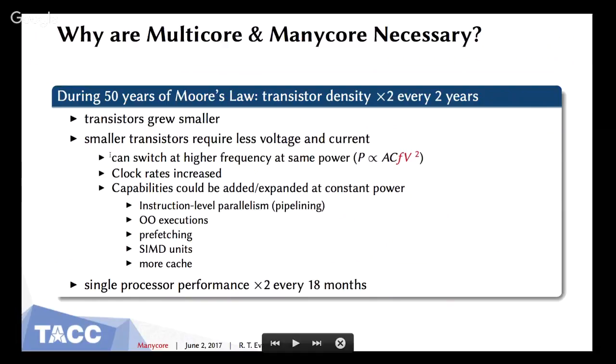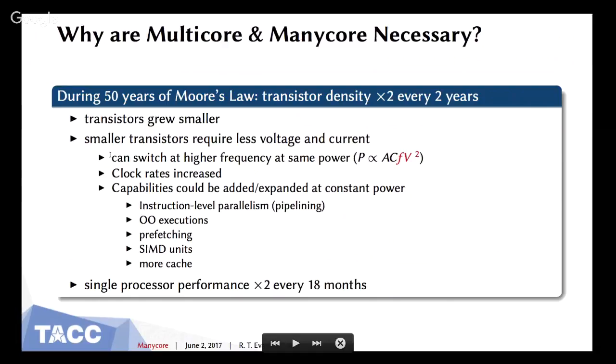Now, as a result of this, they can do many things. One of the main things they've been able to do as they've made these transistors smaller is increase the frequency at which they can run. And traditionally, that's where you've seen your performance gains. Another thing they can do, since they have more chip real estate, they have more transistors to play with, they can add functionality to these cores. They can make them, how can I say this, more adaptable.